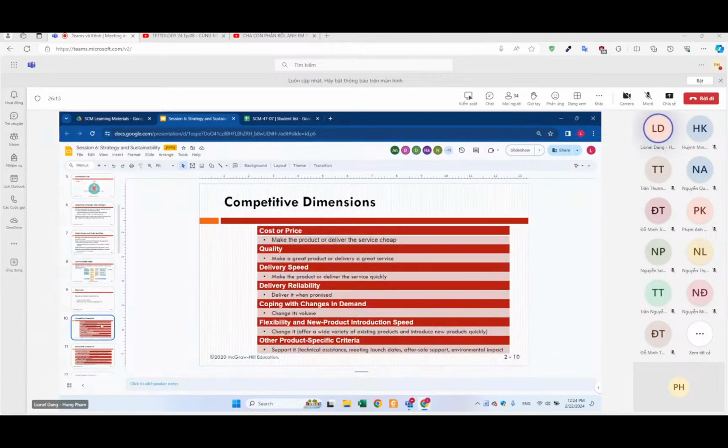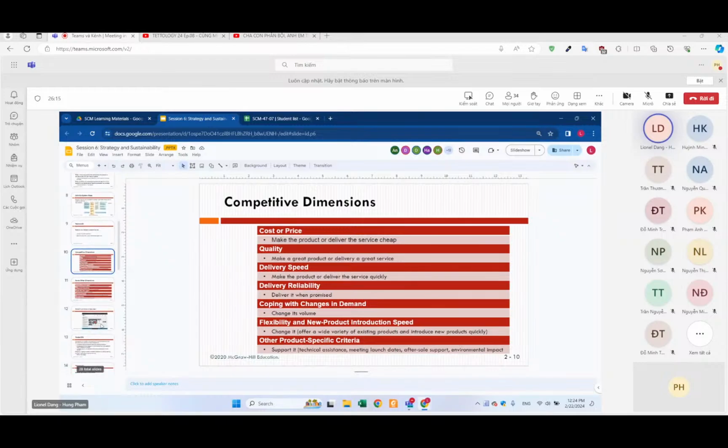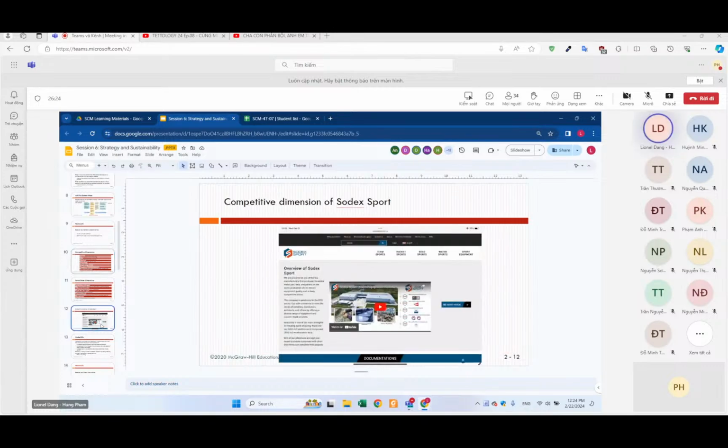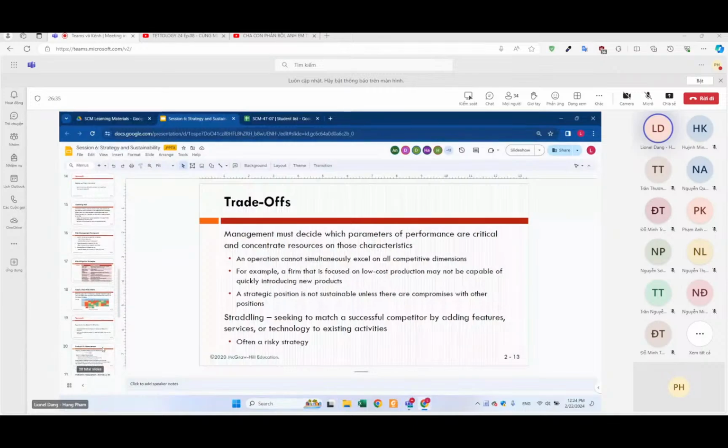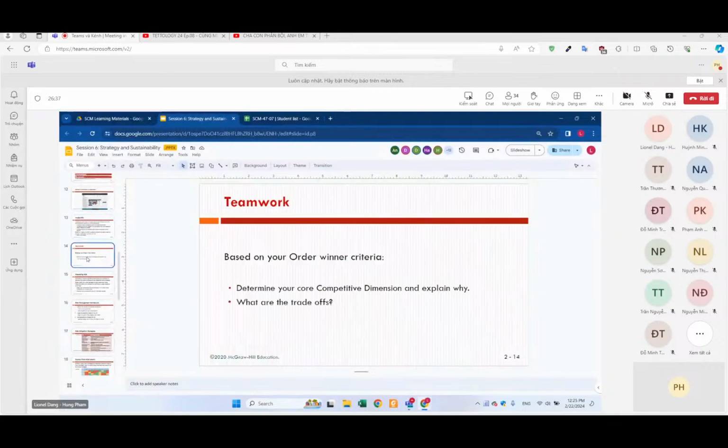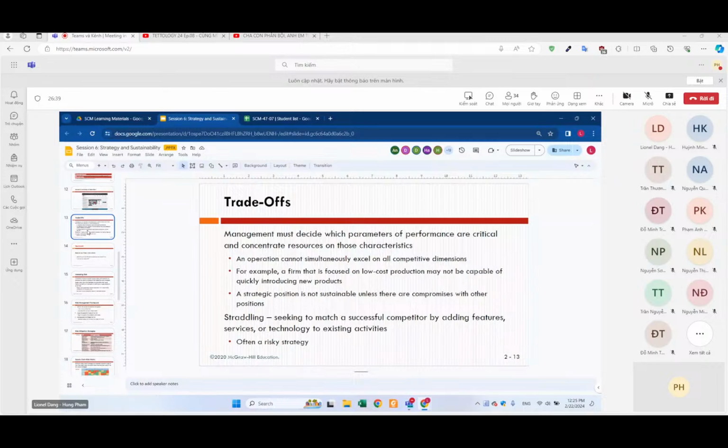Okay, CS1, you will work on the competitive dimensions, slide number 10 until slide number 12. So 10, 11, and 12. CS2, you work on the trade-off, slide number 13.